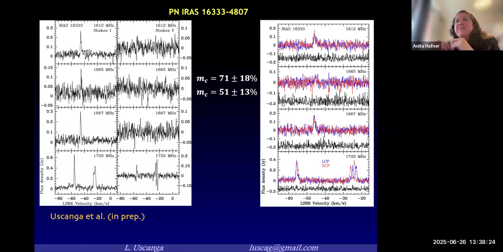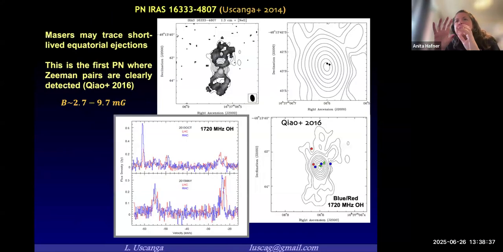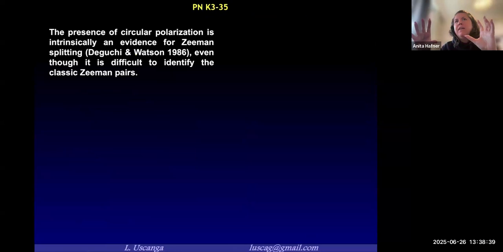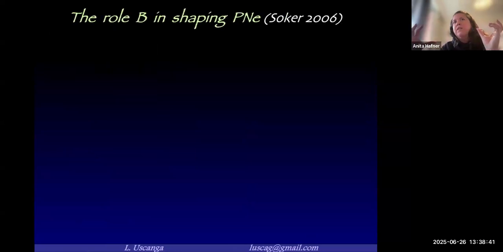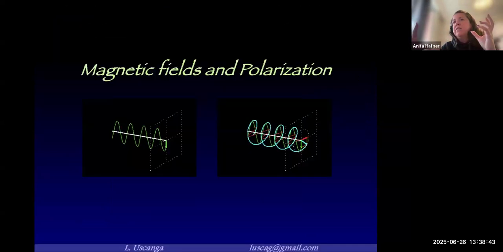Do you have any other questions? Well, I have another question if that's all right. You had a plot earlier in the talk where you were showing a schematic of different distances from the center and different magnetic field strengths.